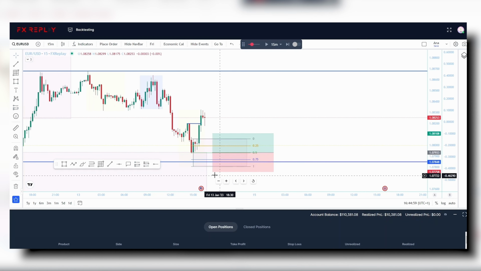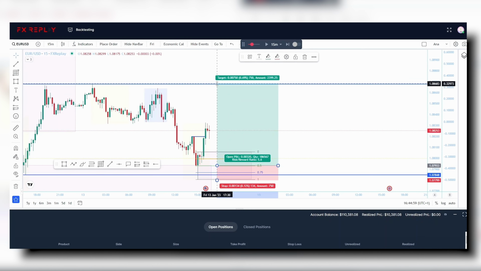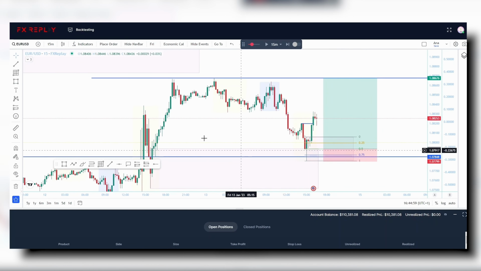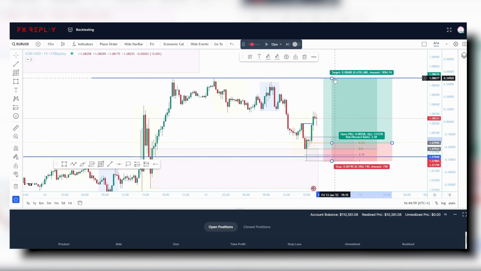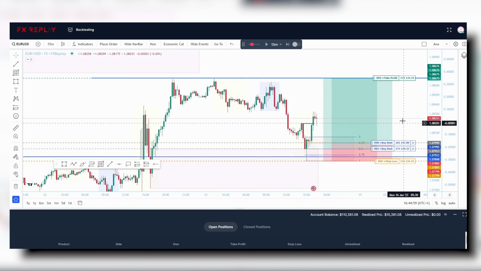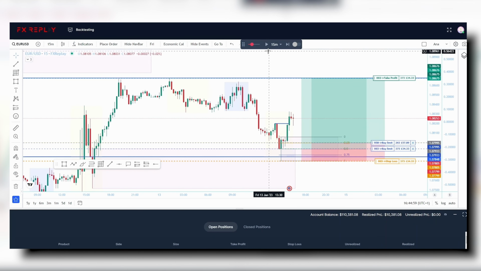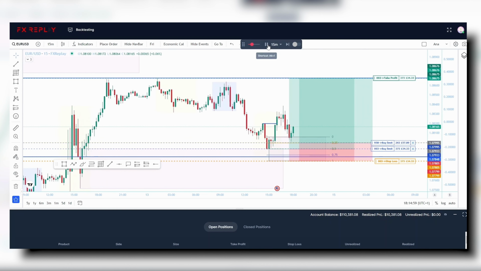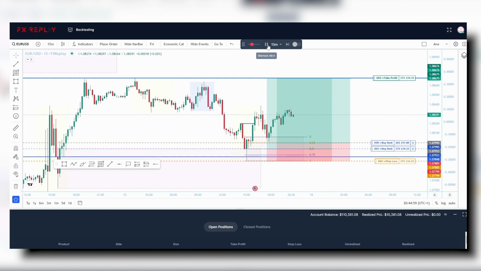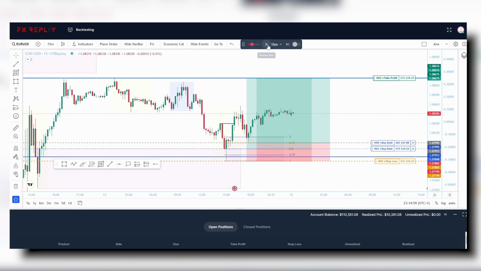Entry here. Target can be the previous high. I really like FX replay because it definitely makes me feel like I'm trading for real. And did you see what happened?